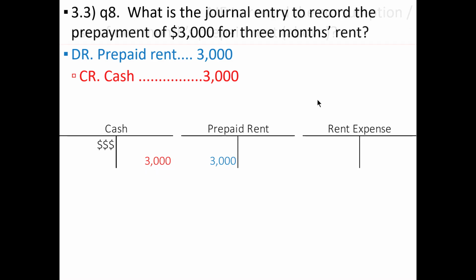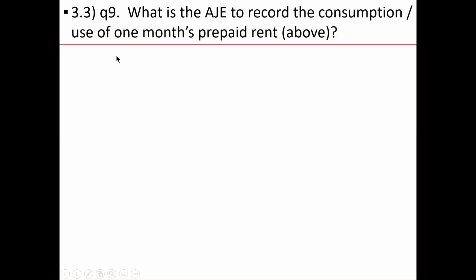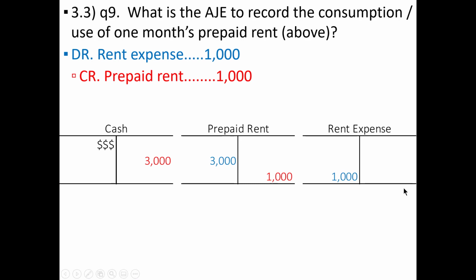So remember, deferral. What's the journal entry to record the consumption or use of 1 month's of prepaid rent? Well, again, you've seen this also before where we said, well, if 1 month has gone by, or 1/3 times the 3,000, right, that gets us the $1,000 of prepaid rent has been consumed. When we consume an asset, the asset goes down. How do we show that consumption or vapor trail of an asset that's been consumed?